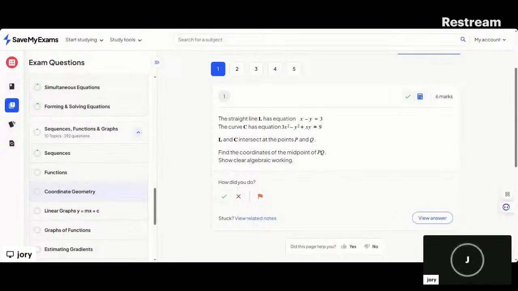I'd just find y as well. I guess I'm not gonna keep trying for this. Y equals 9 minus 3x squared plus y squared all over x. Now these two, the x's, should be equal, right?